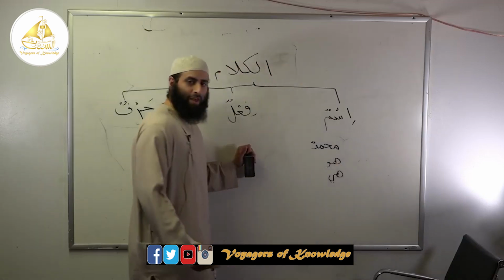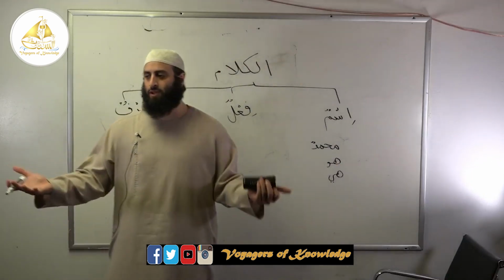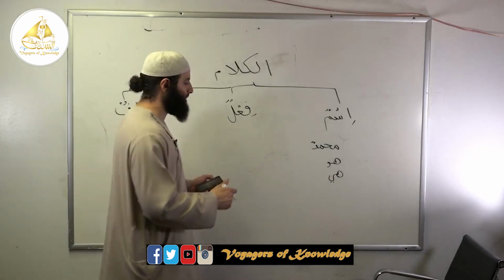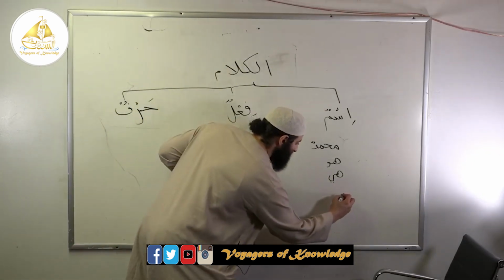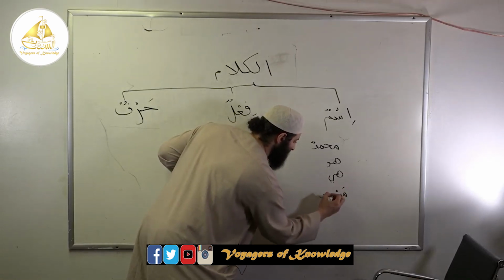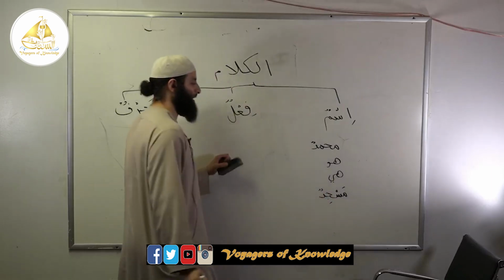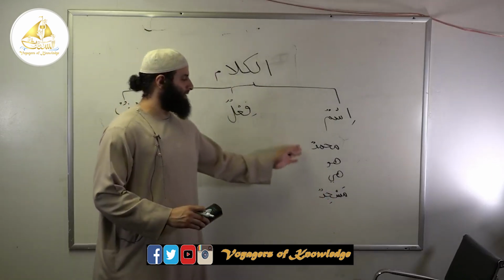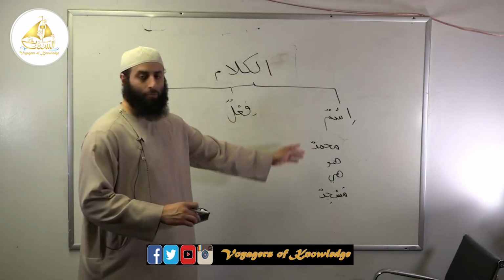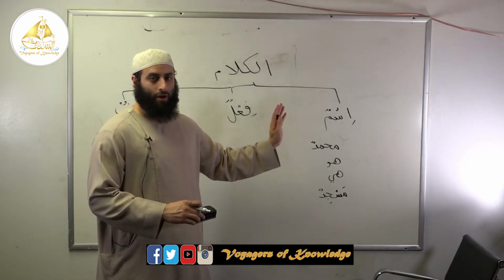Hiya. It could be a place, like where we're at right now. It's in a mosque. We're going to say a masjid, masjidun. So that's in regards to an ism. And there's still a lot more categorizations under ism.